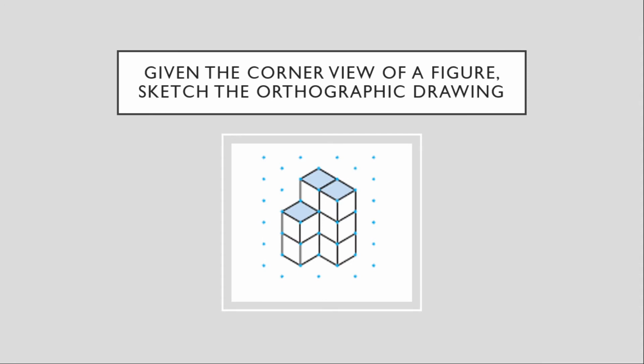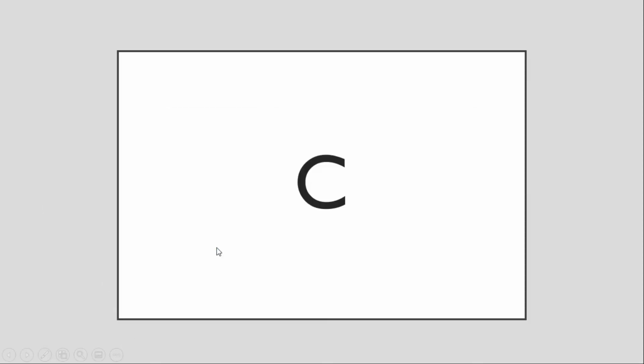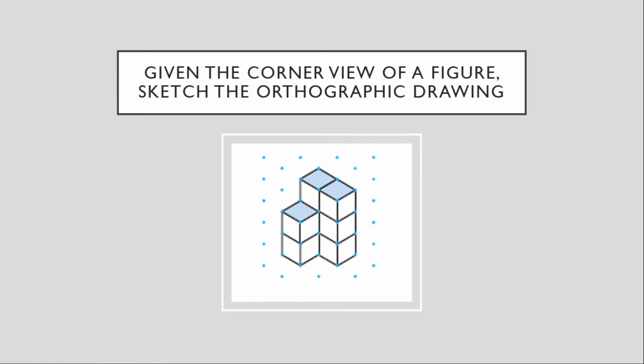Okay, given this, my apologies, I want you to come to the Zoom call prepared with what this would look like from an orthographic perspective. That is a top, left, front, and right view, okay? So I want you to draw what this looks like from the top, from the left, and then from the front, and from the right, okay?